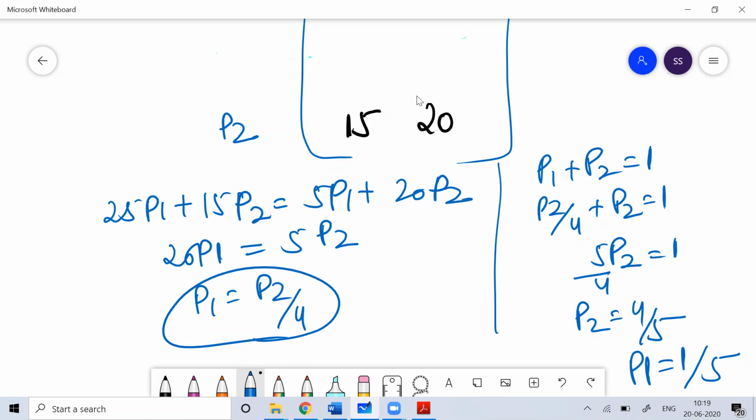So you don't need to write the same thing again. You can easily understand that part.